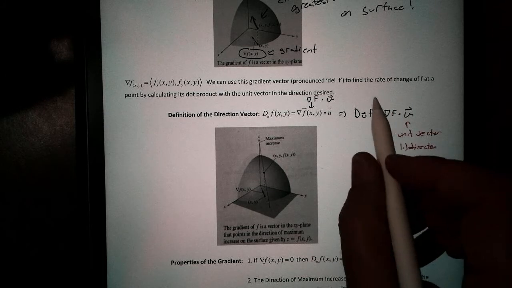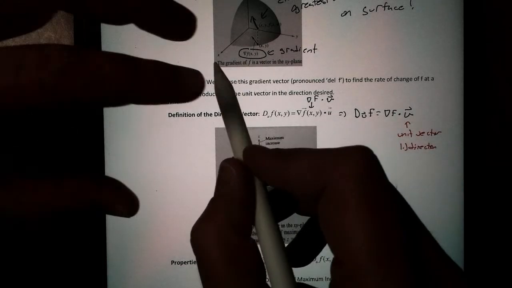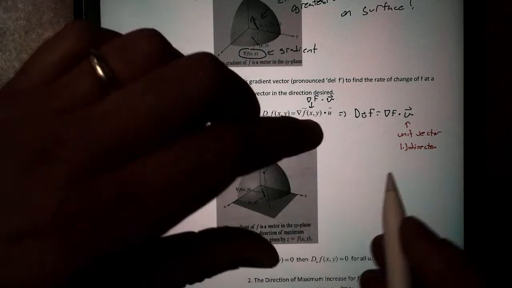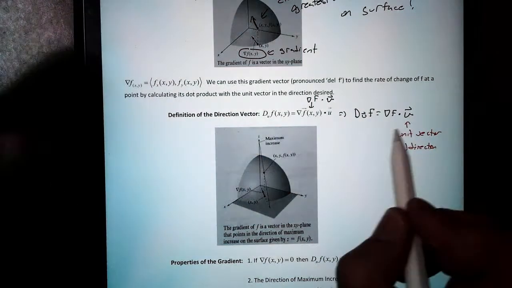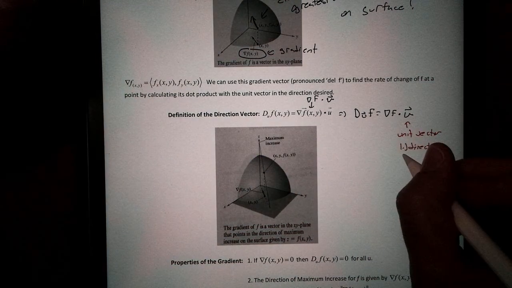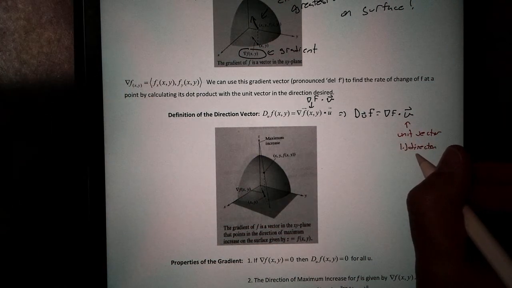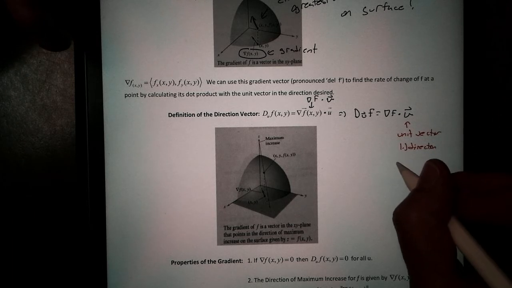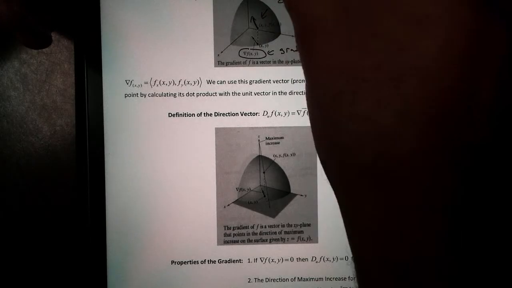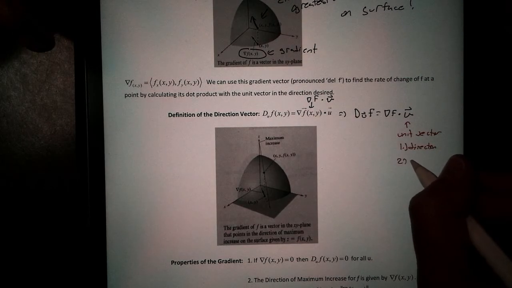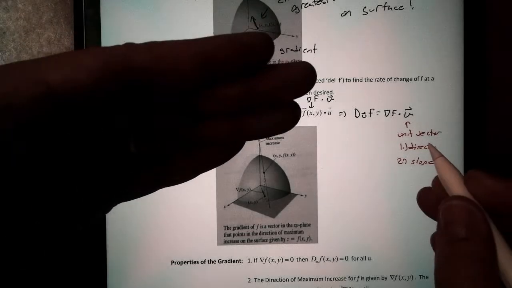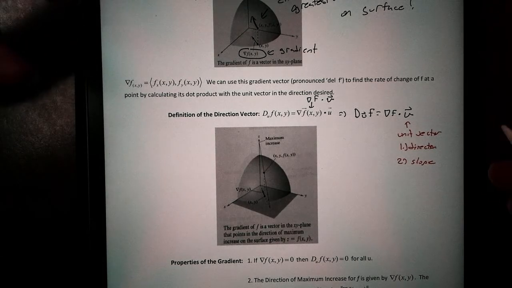So where del, our gradient, gives us the direction of the greatest ascent, this will give us our slope in any direction. So the unit vector gives us direction, and two, this is giving me the slope. It gives me direction, and it gives me the slope, basically.